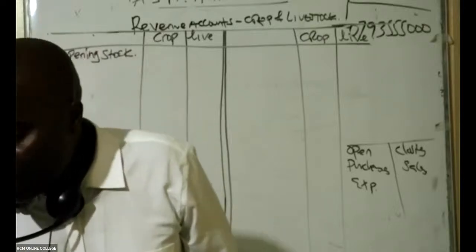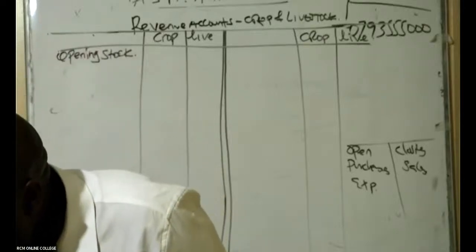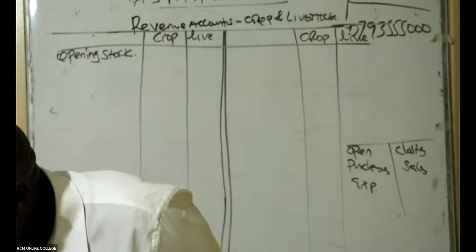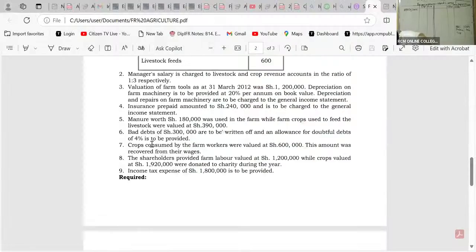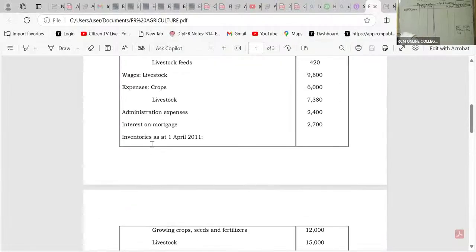So opening stock in this question. Do we have opening stock? Oh yes. In the trial balance, these are 3 marks. You'll be able to see inventories as at the beginning, 2011. Inventories, these are opening stocks. I can see growing crops, seeds, and fertilizers, 12,000.